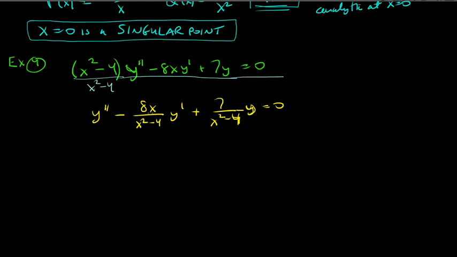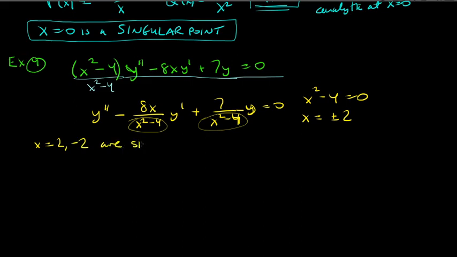And so again, wherever the denominator is 0, that's going to be an issue. So where is x squared minus 4 equal to 0? Well, plus or minus 2. So we can say that x equals 2 and x equals negative 2 are singular points.